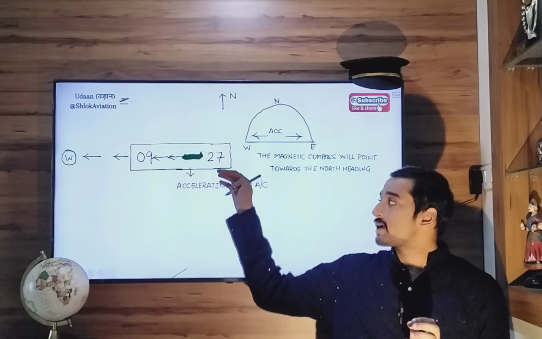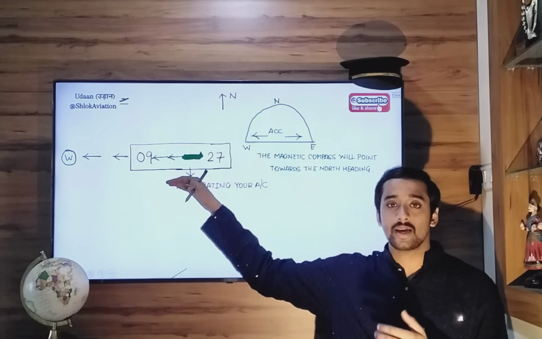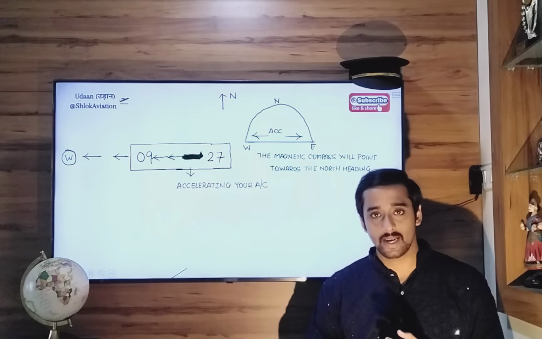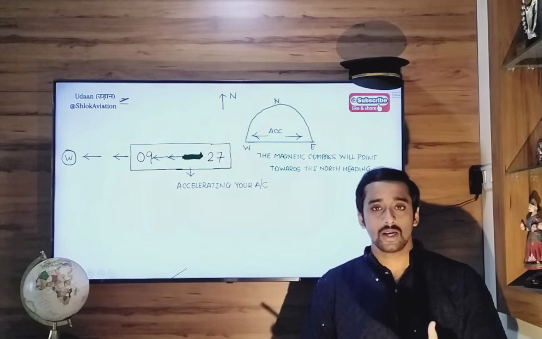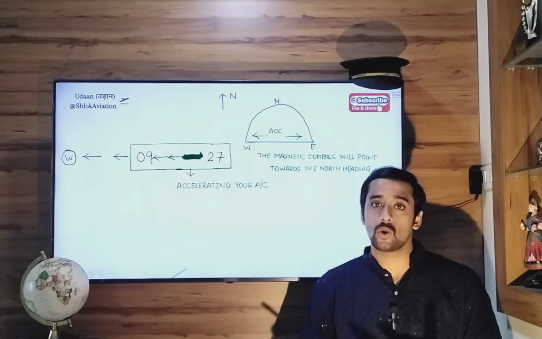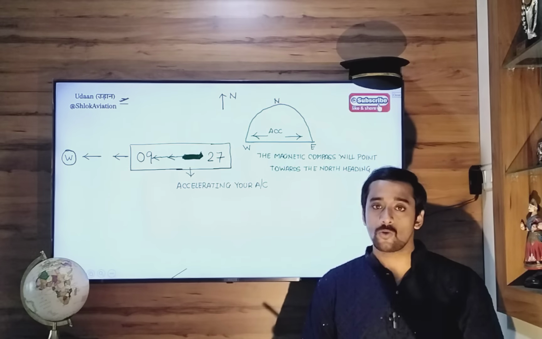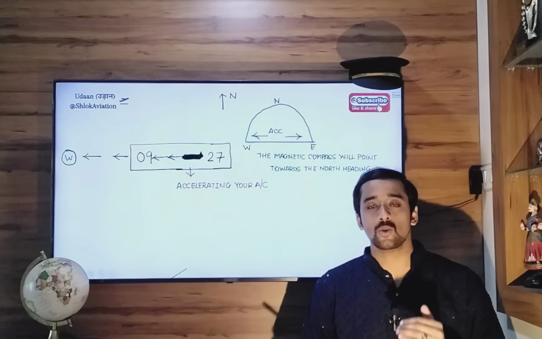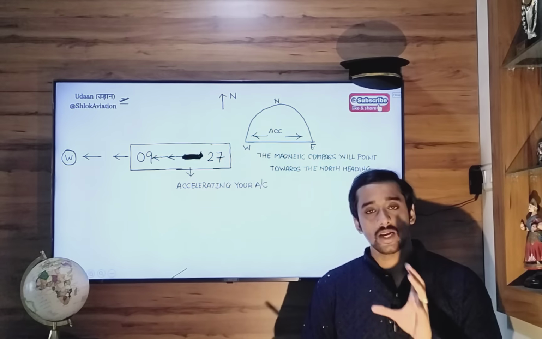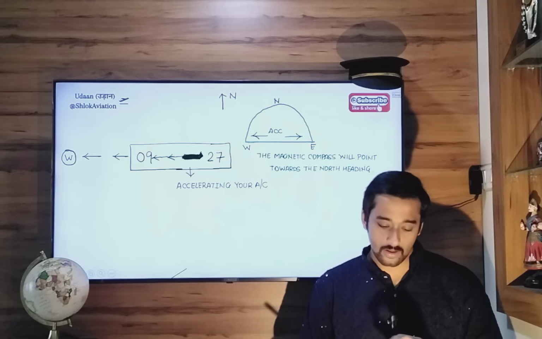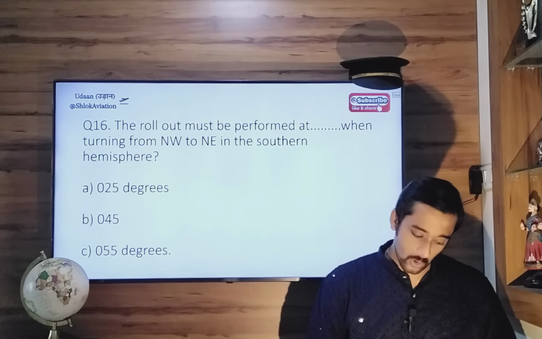So instead of pointing towards 270 or getting aligned with 270 magnetic heading, the magnetic compass will show a heading of let's say 250, 240, 230, any direction in the southwest. So the tendency is towards the south heading. That is one important thing.